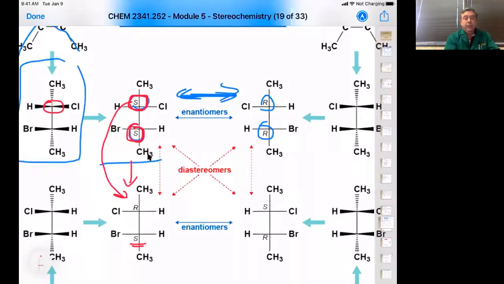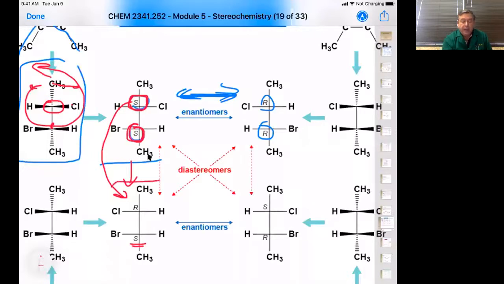And if you were to rotate this around, the chlorine would be on this side, the methyl group would be on this side, and the carbon would be here. And that would give us 1, 2, 3, S. Okay. So we have our enantiomers. All we have to do is flip both of the assignments from R to S or S to R. But for diastereomers, we only flip one of them to the opposite.